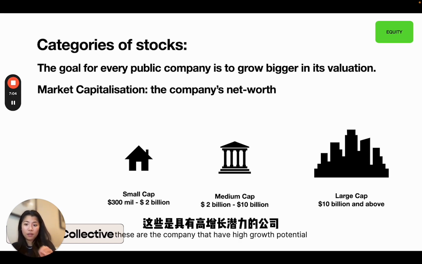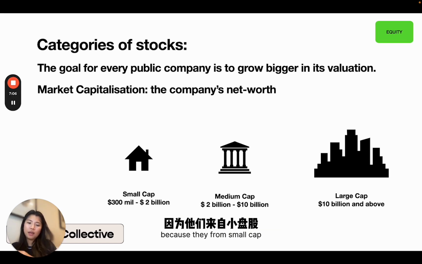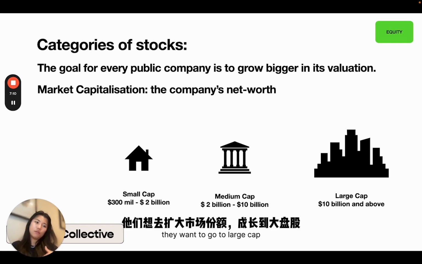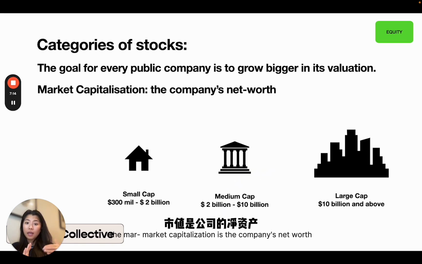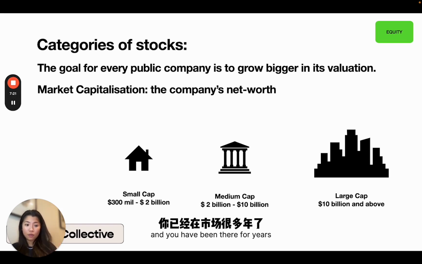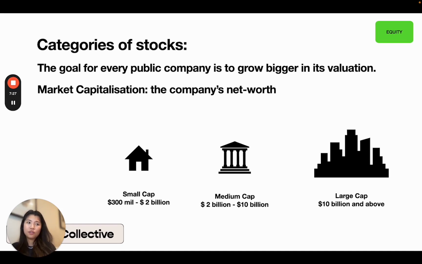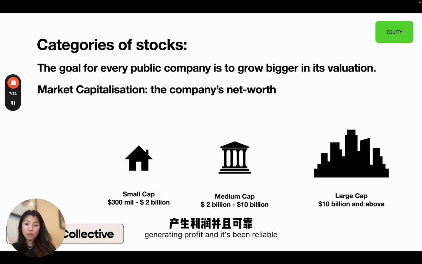These are the companies that have high growth potential because from small cap, they want to go to medium cap. From medium cap, they want to go to large cap. The market capitalization is the company's net worth. So when you are in the large cap and you have been there for years, that's when you start thinking about whether you want to give back your profit to your investors, if you have so many years of generating reliable profit.